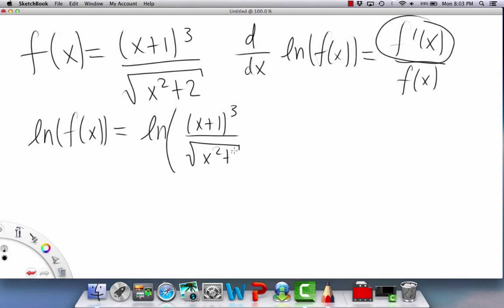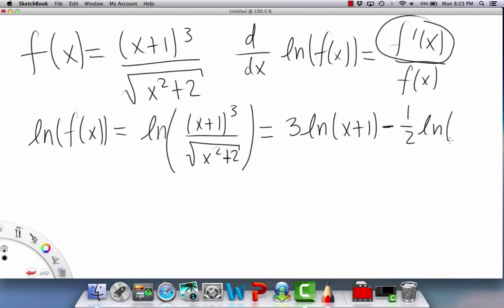Okay, x squared plus 2. So all of that. And then the way we can rewrite this on the right is just to simplify it using the properties of logs. So this is equivalent to 3 ln (x plus 1) minus 1/2 ln (x squared plus 2). Okay?